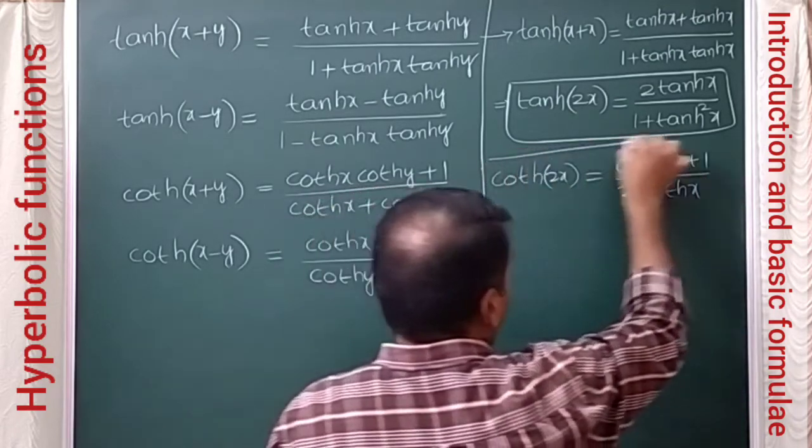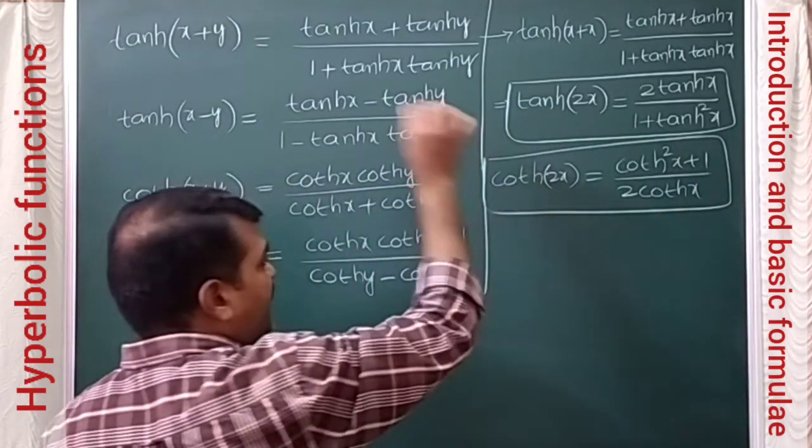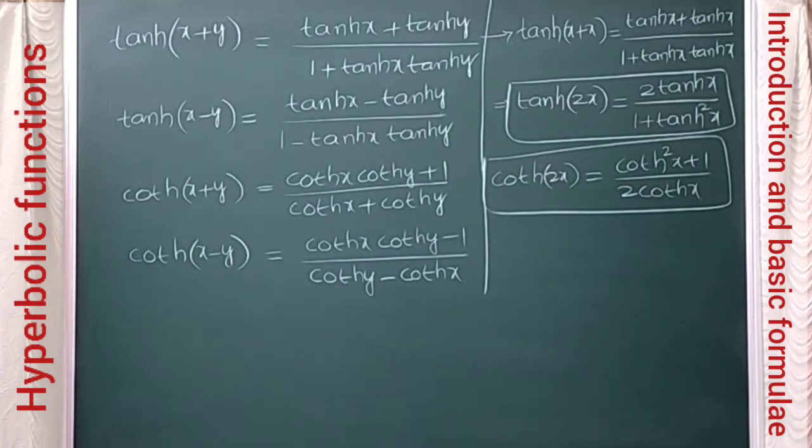So this is the formula of coth 2x. So coth 2x we have discussed, coth of x plus y also we have discussed. So these are the basic formulas which we have to use while solving the problems.